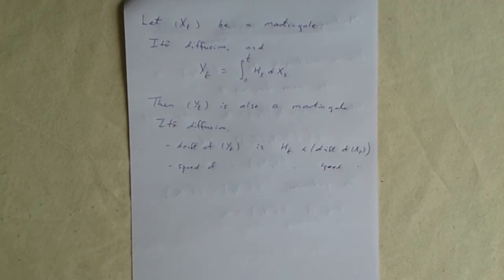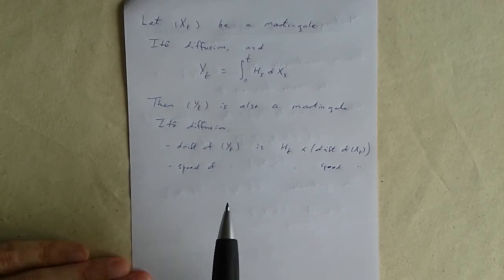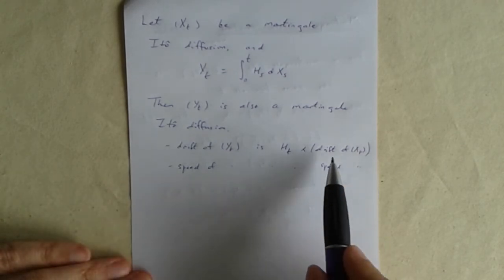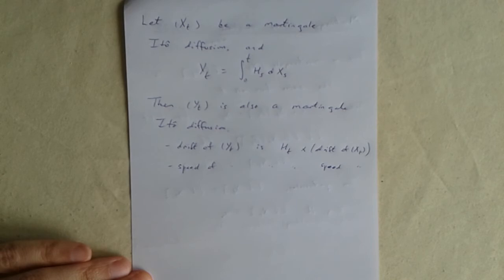Both the drift and the speed get multiplied by h when you do this. So for the case of x being a martingale, the drift of x is 0, therefore the drift of y is 0 as well.